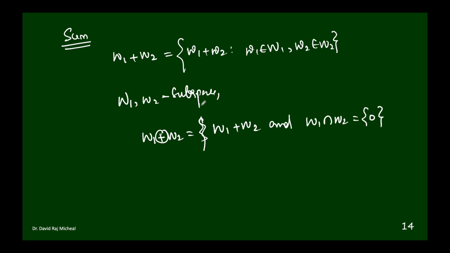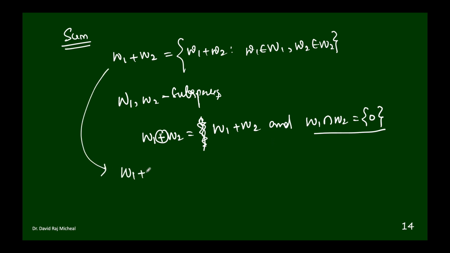So if W1 and W2 are two subspaces of any vector space V, then W1 direct sum W2 has been defined as the usual set summation, but with the restriction that W1 intersection W2 must be the singleton 0.